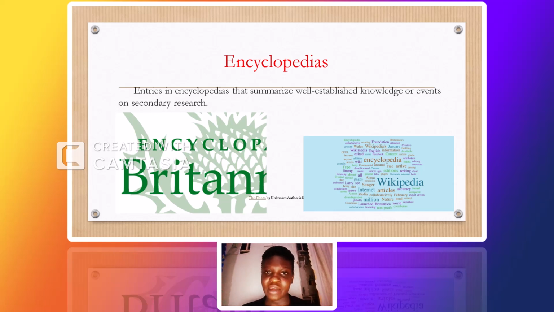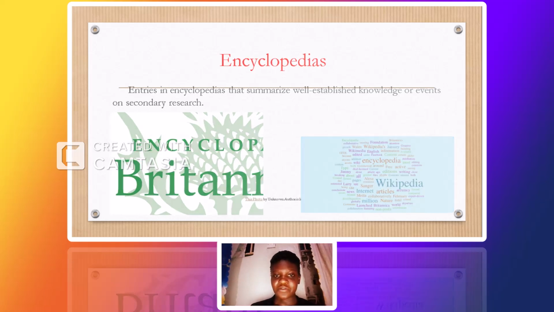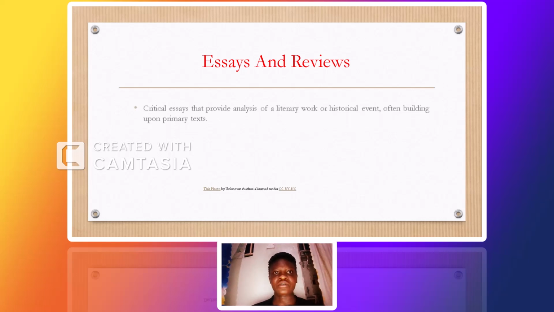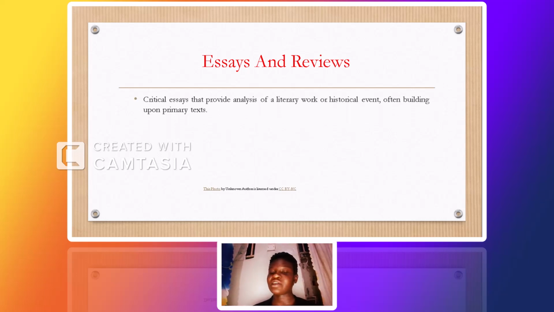Let's go to another secondary source of information, and this source includes essays and reviews. Concerning essays and reviews, we can say that critical essays provide analysis of a literary work or historical event, often building upon primary texts.